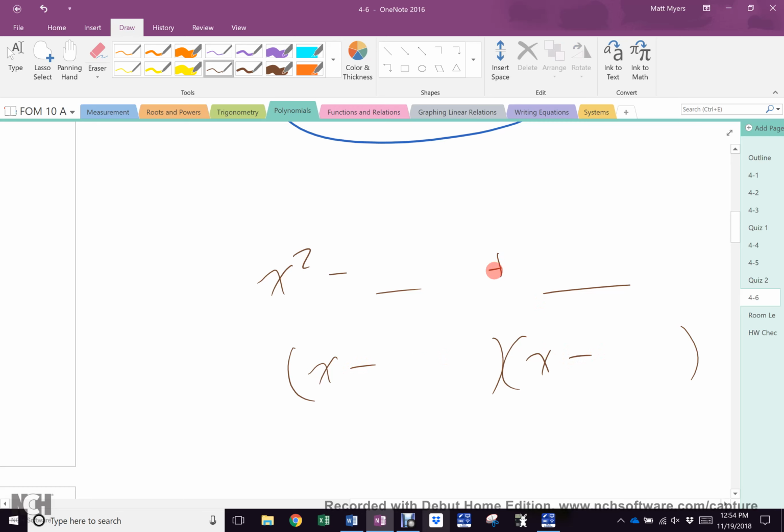Right? Okay. What if it is x to the 4th plus plus? Squared and squared. Plus and plus. What if it's plus and minus? Plus and minus. What if it's minus plus? Minus minus.